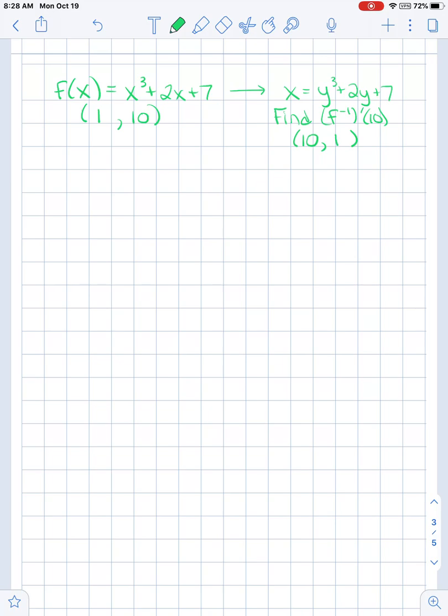I know that the derivative of the original function at 1 is the same thing as 1 over the derivative of the inverse at 10. That was the relationship we just saw in the last video, as long as we're using the point that they have in common.